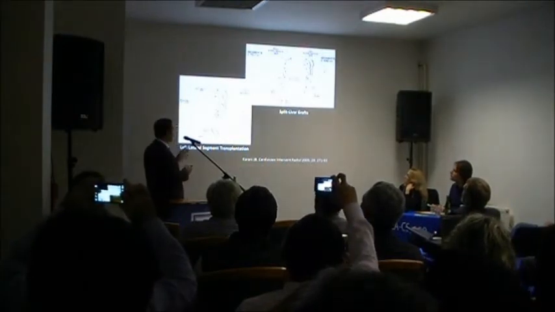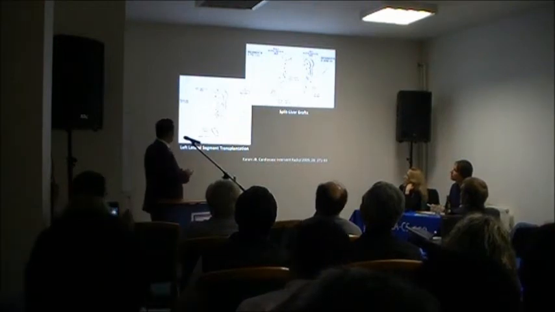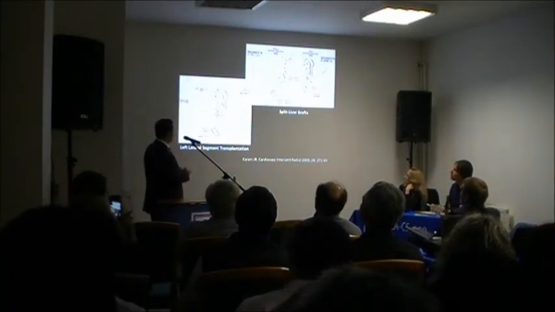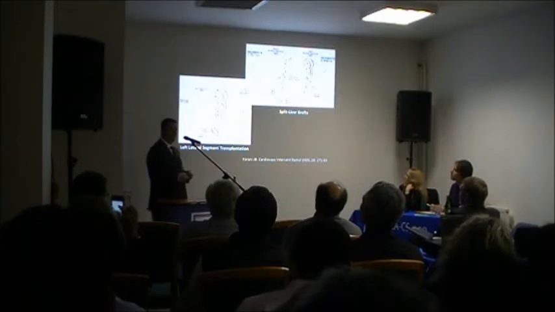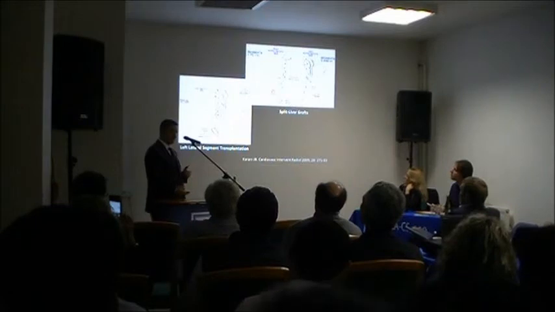As you can see, the anatomy changed a little bit, but you also have the portal vein, the artery anastomosis, and the biliary anastomosis. This biliary anastomosis is where we are going to focus this presentation.